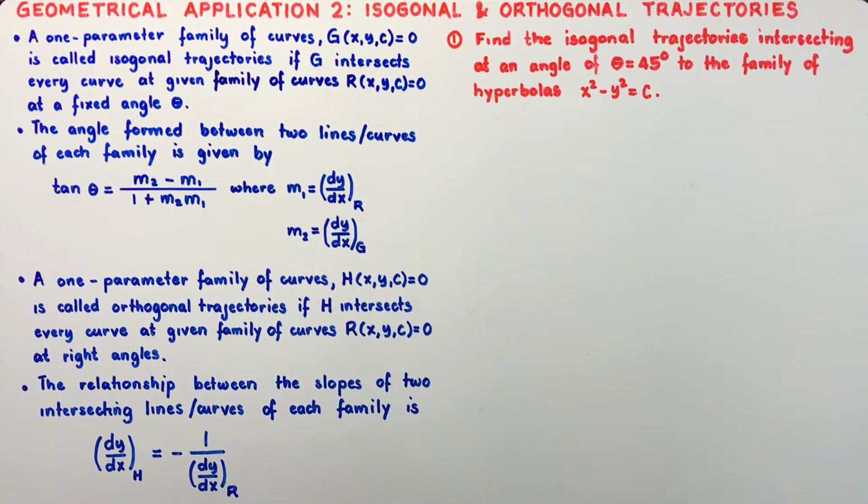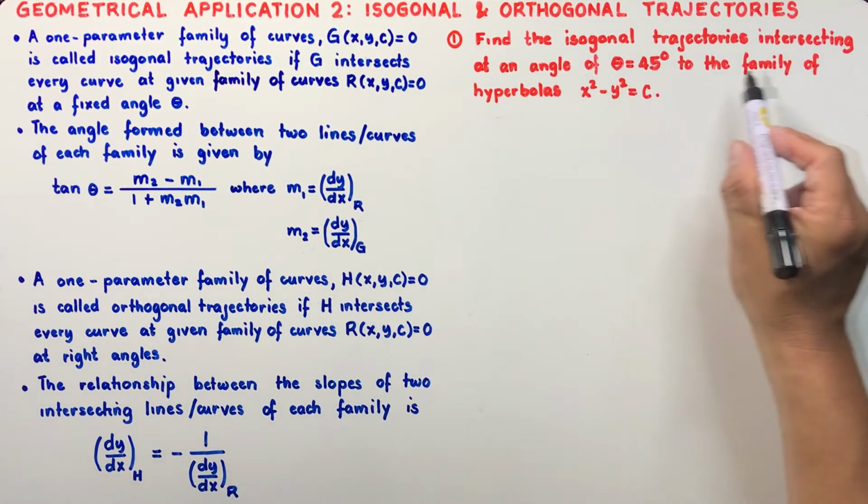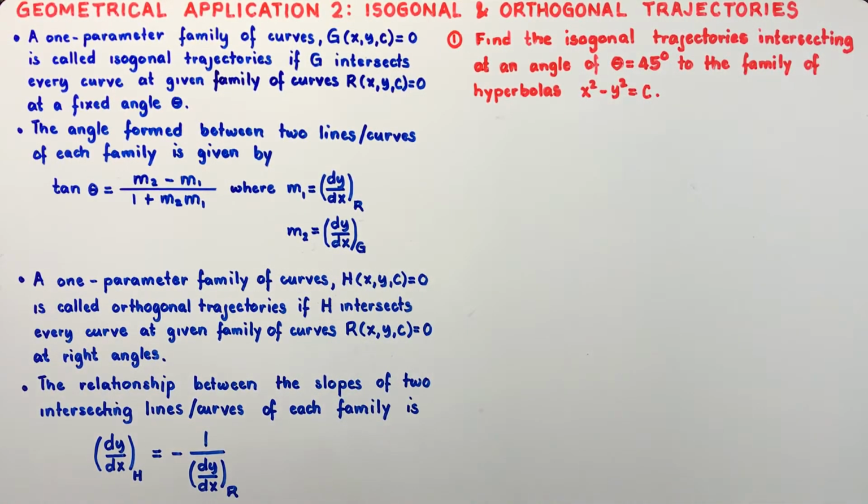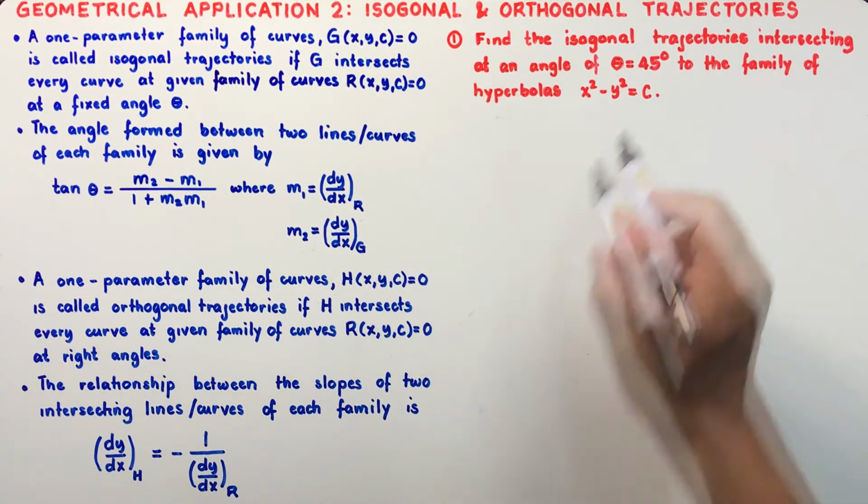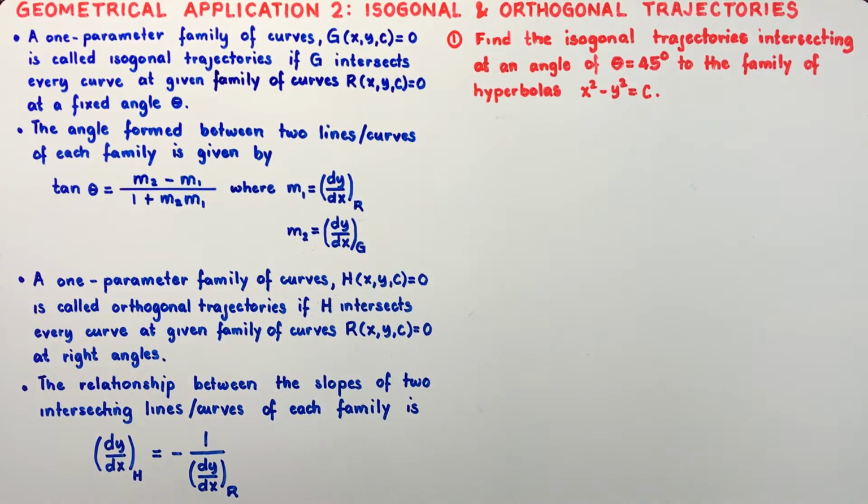To illustrate the application of the isogonal and orthogonal trajectories, we'll work through problems. Find the isogonal trajectories intersecting at an angle of 45 degrees to the family of hyperbolas given by the equation x squared minus y squared equals c.